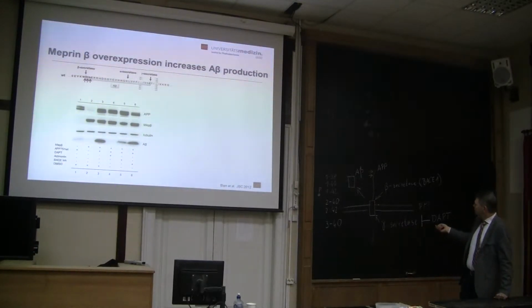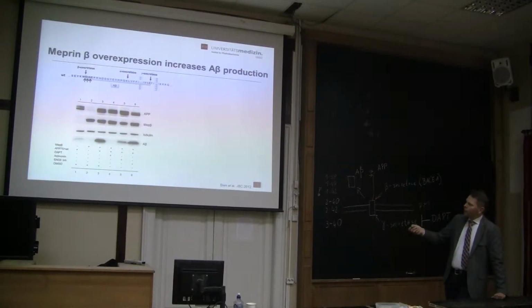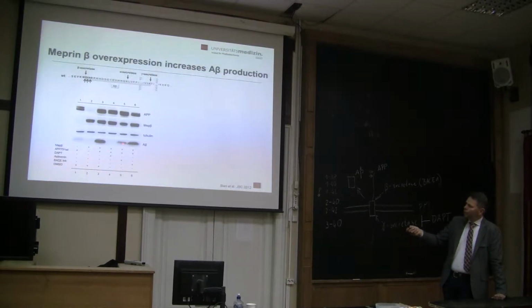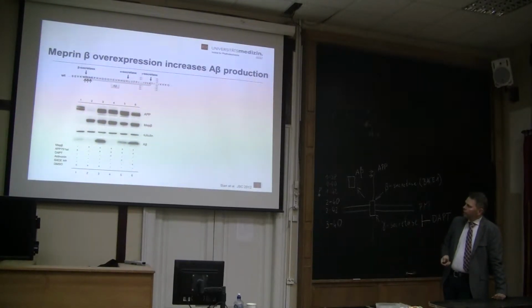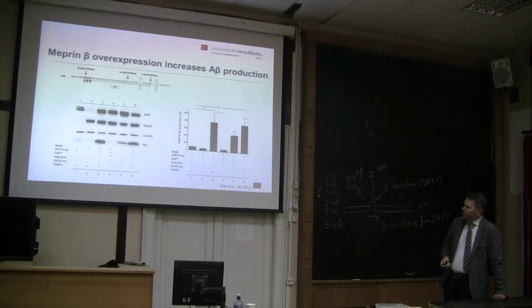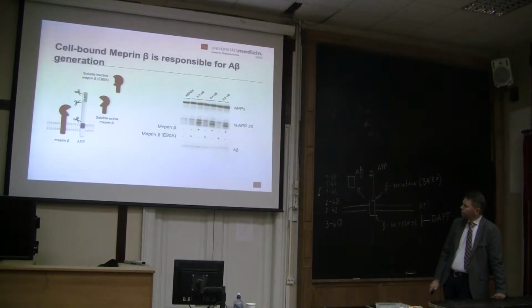So this cleavage still works, but that doesn't work, no Aβ. Then we tried it with actinonin, our really bad inhibitor for meprin, and you see we have less Aβ than there, but it's not really gone. So the inhibitor sucks. And this is just a control. So that was a pretty good indication again that meprin, after overexpression, can generate Aβ peptides.